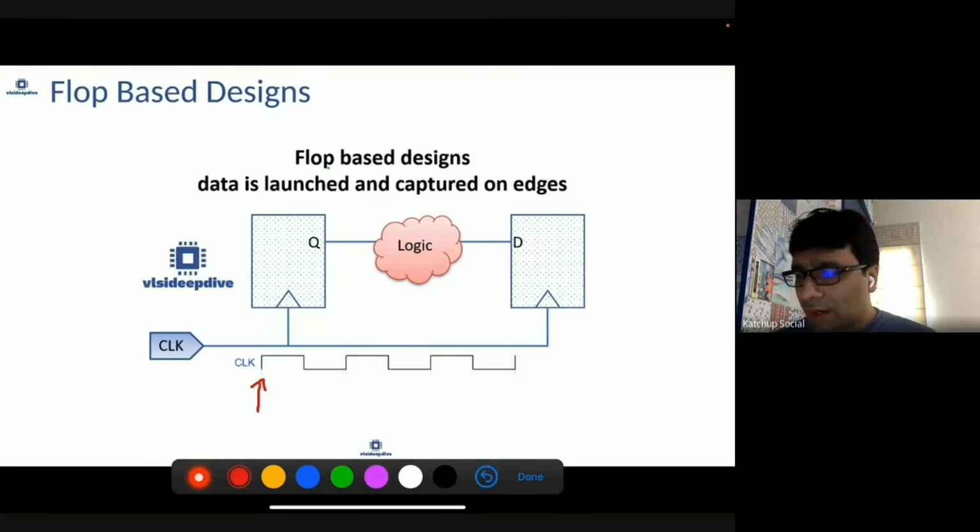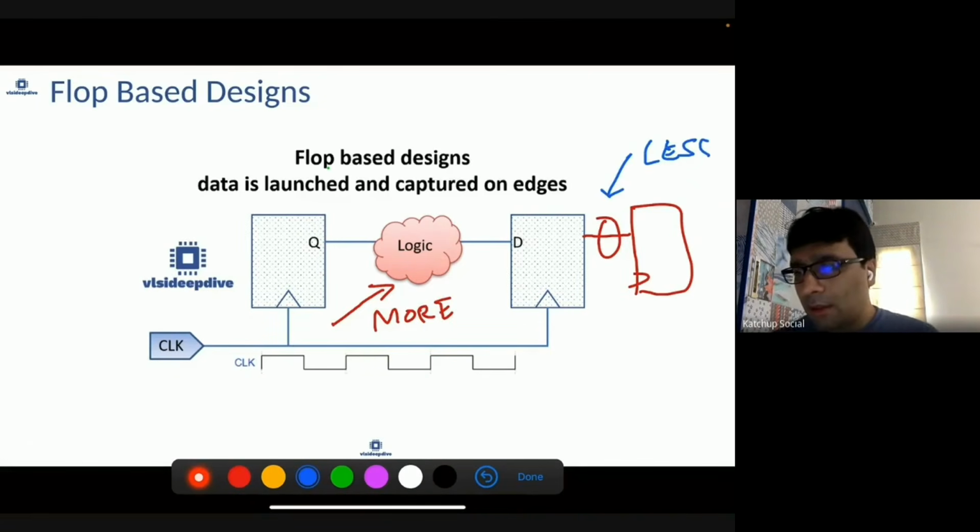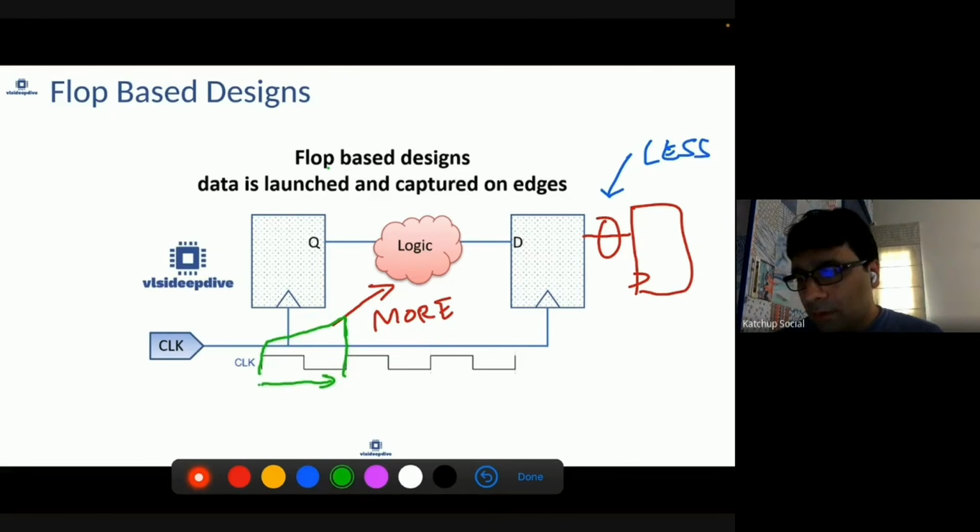Now, what happens because of that? Let's say you have an additional flop here, and let's say this logic delay is more, and this logic delay is less. Because of the edge-based launch and capture, no matter if this delay is more, you still have to meet this in one clock period.